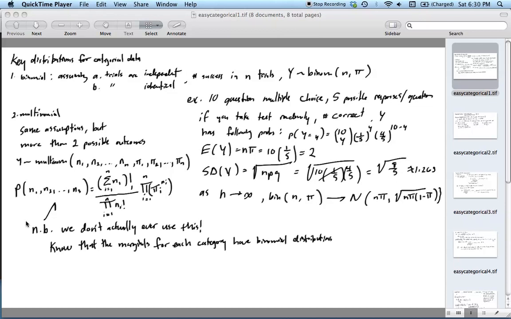The second key distribution is the multinomial. You have the same assumptions, independent identical trials, but now there are more than 2 possible outcomes. I have a nice video on the multinomial, but this is what it looks like. Now he points out that we don't actually use the density function, or in this case the probability mass function, for this multinomial.